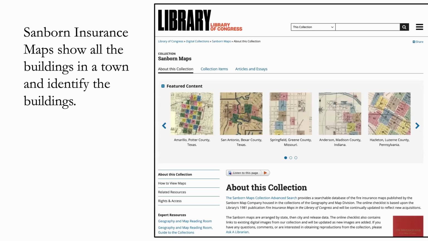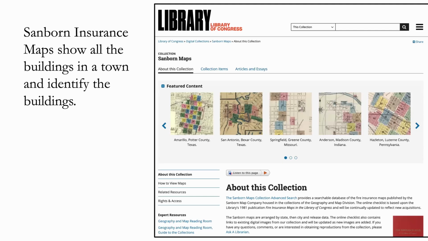The purpose of these maps was to provide detailed information about every structure, the buildings in every community. So stretching across mostly the Midwest of the United States and into other parts of the country, Sanborn did a detailed map of each town, and sometimes different copies, later copies and updates.